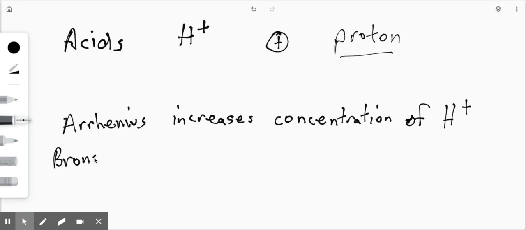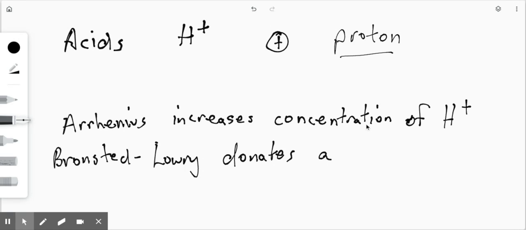Bronsted-Lowry said that an acid, hope I'm spelling this correctly, is anything that donates, can you guess? A proton. So that is the technical side.